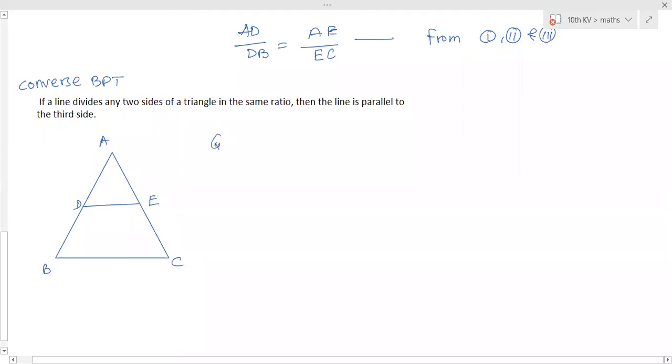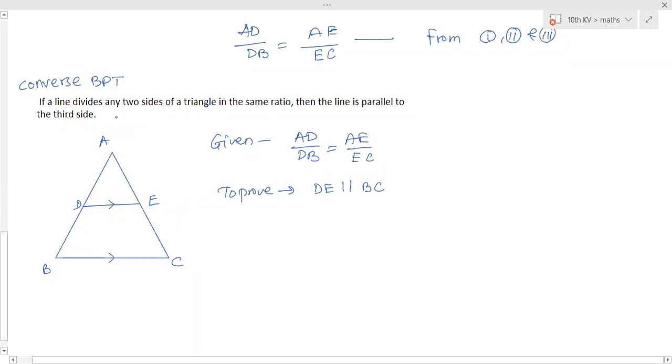That is given: AD by DB is equal to AE by EC. And what do we have to prove? If they are in ratio, then that line is parallel to the third side. Then DE will be parallel to BC. Is this clear? Yes, ma'am.